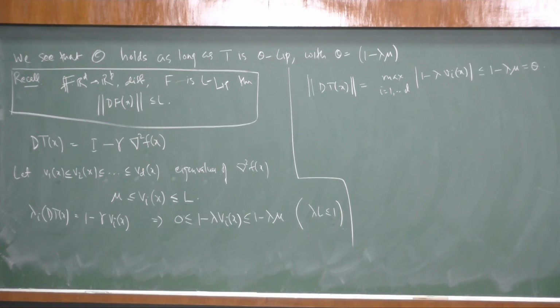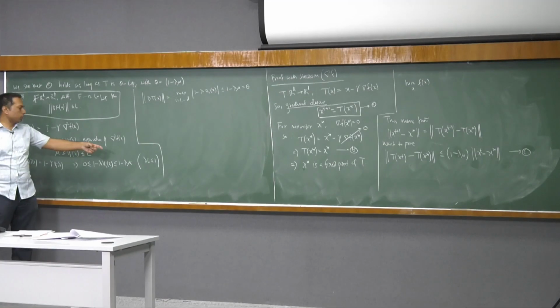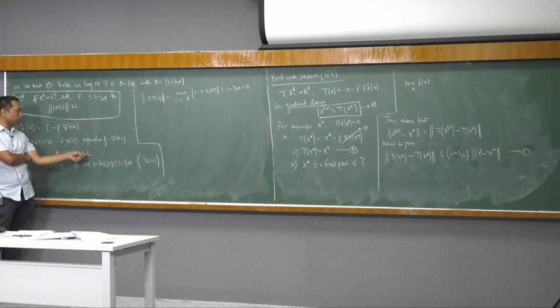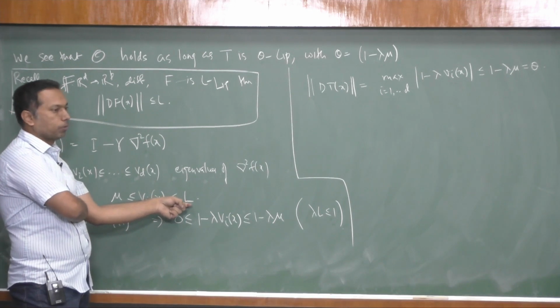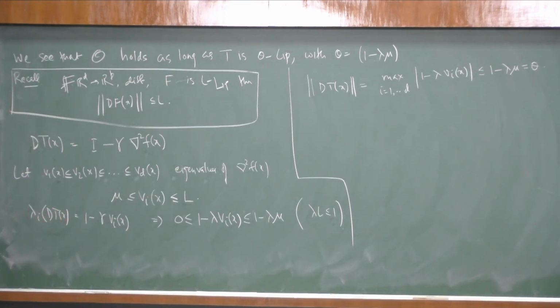F being mu strongly convex means mu is the lower bound on the smallest eigenvalue of F. F being L smooth means that L is the upper bound on the maximum eigenvalue. If your step length is less than or equal to 1 by the maximum eigenvalue of your Hessian, you are guaranteed to converge. The only problem is from a practical point of view: in theory it looks good, but computing the maximum eigenvalue itself may be more costly than doing gradient descent. You may have some rough estimate that will also work, but that rough estimate may be very bad.